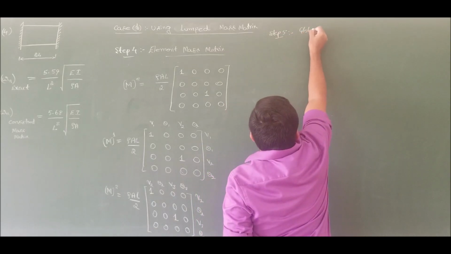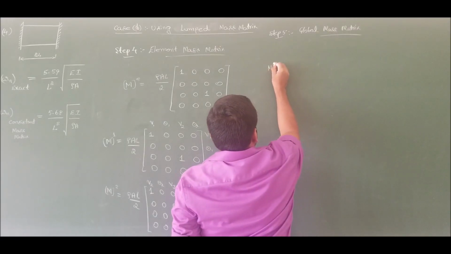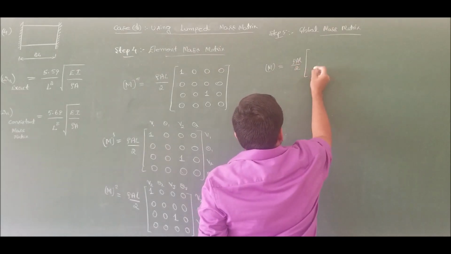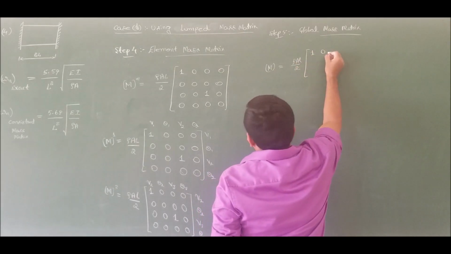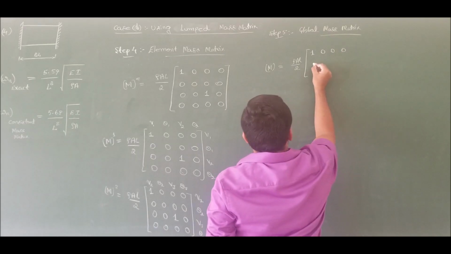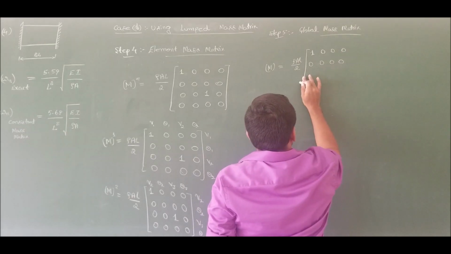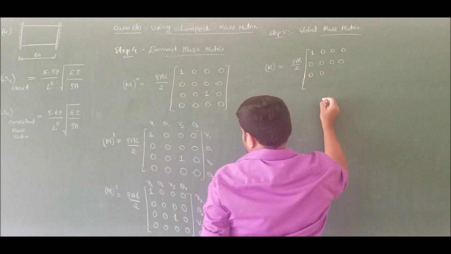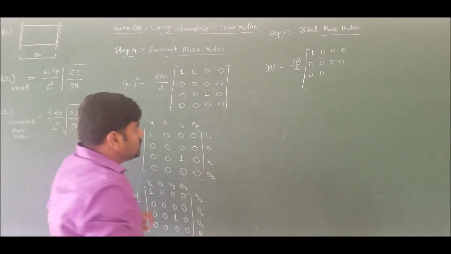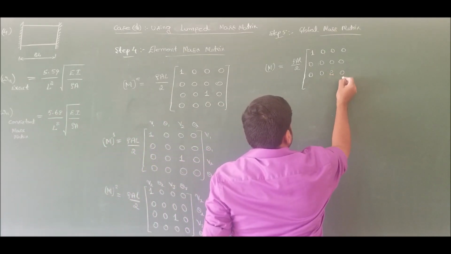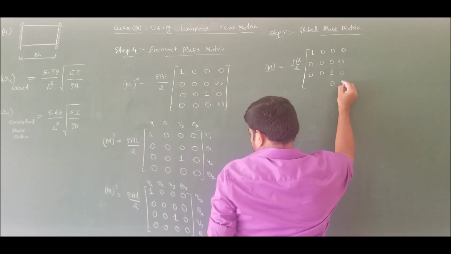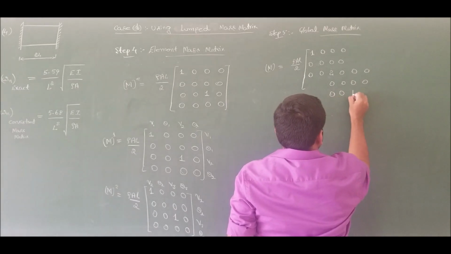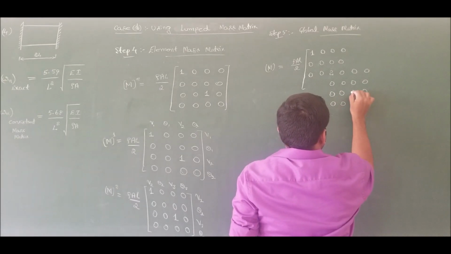Global mass matrix M is equal to rho A L by 2 common, I will get 1 0 0 0, 0 0, adding 1 plus 1 is 2, 0 0 0 double zeros, again we have 0 0 1 0 0 0 0 0.